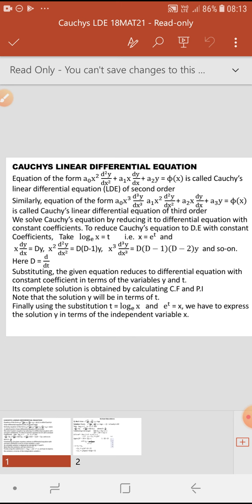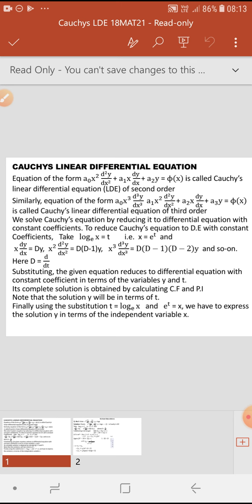Whenever the given equation is Cauchy's linear differential equation, you put log x to the base e equal to t, which means, by the definition of logarithm, x will be equal to e power t.